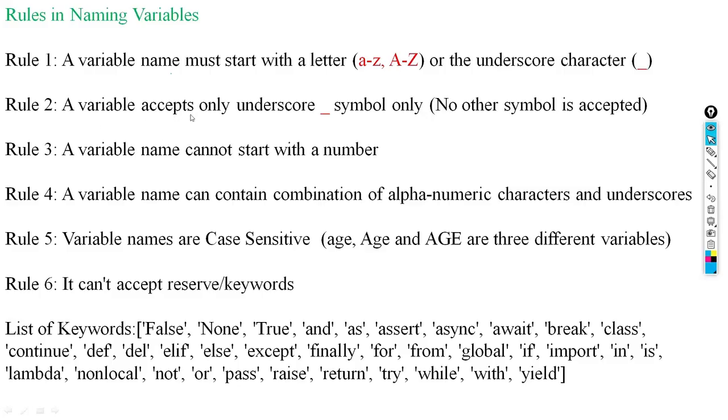The variable name accepts only the underscore symbol. No other symbol is accepted anywhere in the variable name. A variable name cannot start with a number. It should start with an alphabet or an underscore. If it starts with a number, it is going to throw an error.